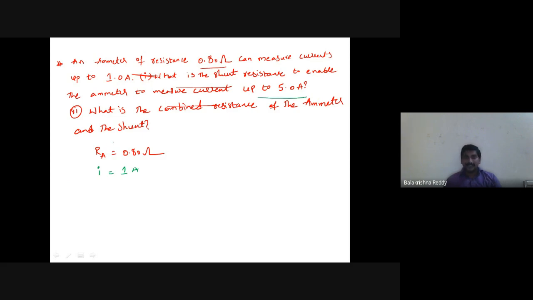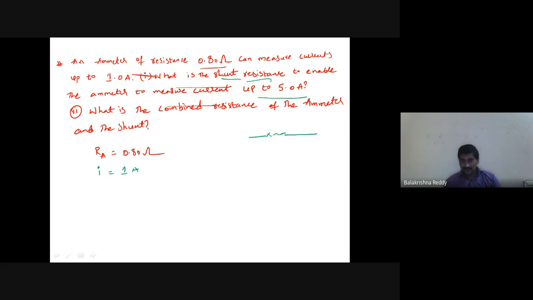The shunt resistance is what you connect in parallel to the galvanometer when you convert it into an ammeter. Galvanometer resistance decreases, and the galvanometer acts as an ammeter.